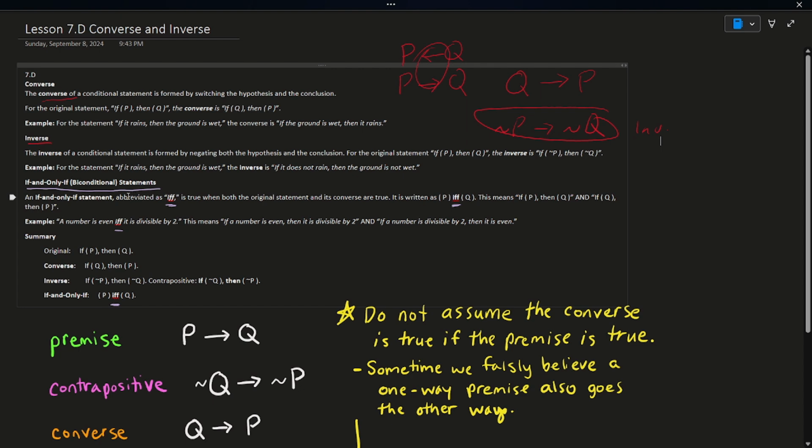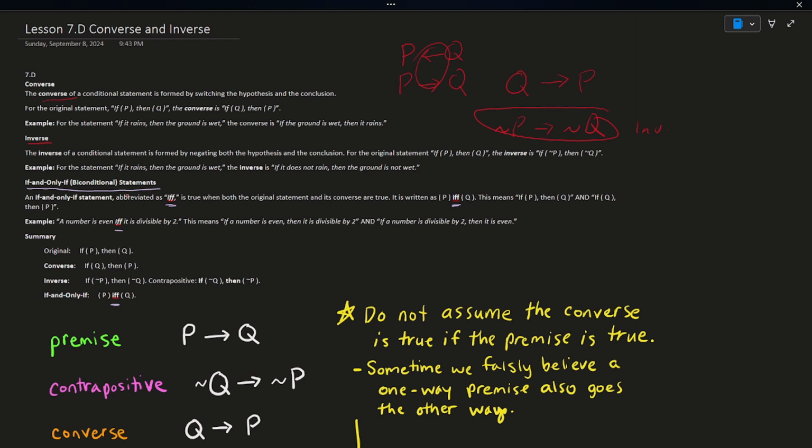We're going to have if and only if statements, also called biconditionals. The if and only if statement is abbreviated with IFF. It's true when both the original statement and its converse are true. It is written as P if and only if Q. This means if P then Q and if Q then P. So this is biconditional.